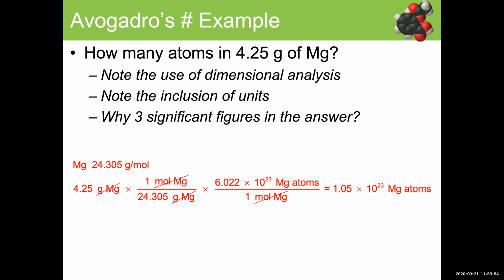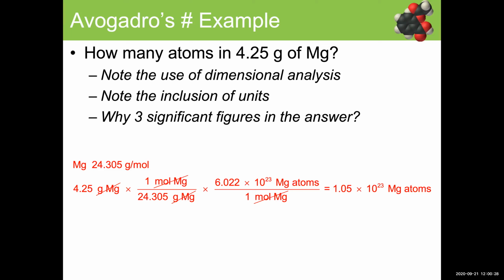Then we know from Avogadro's number that 1 mole of anything, it doesn't matter what it is, has 6.02 times 10 to the 23rd atoms, molecules, whatever, has that many pieces, so to speak. So we use that conversion factor, that 1 mole of magnesium will have 6.02 times 10 to the 23rd atoms in it. Here they're using another digit past the decimal, and that's okay.